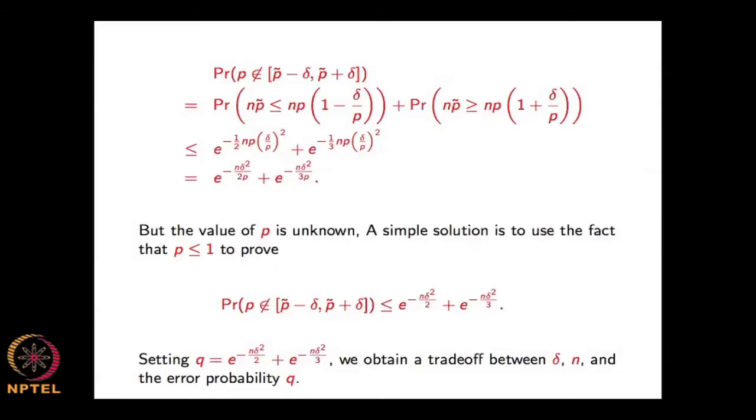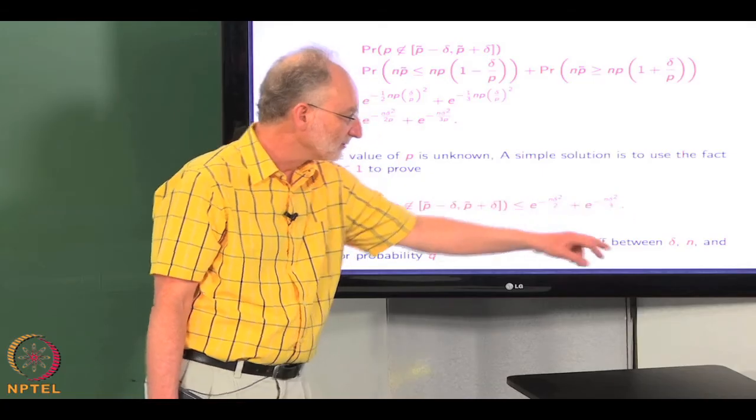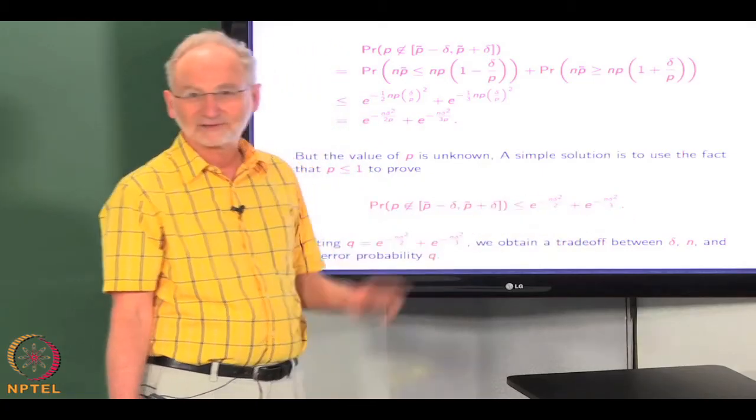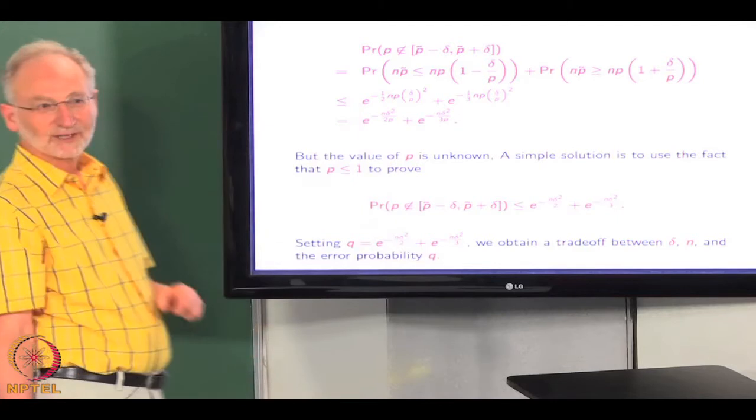We have to look at above and below, and I don't want to get into the details of the calculation, but basically you plug it into a Chernoff bound, you want this to be bounded by Q, and you get N and delta, so you get the full relation between the three parameters.